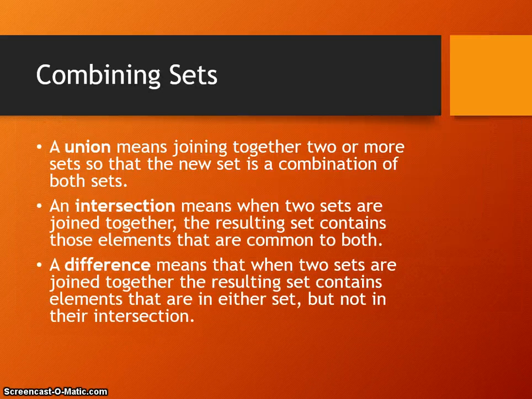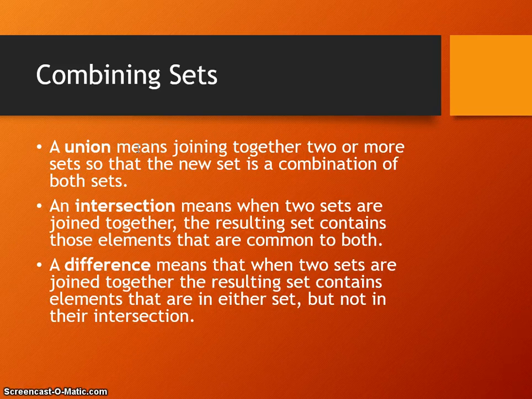Now we can combine sets using a union, an intersection and a difference. Union joins together two sets, and it creates a new set with all the values that are contained in both sets. We have an intersection when the two sets are joined together, and it contains those elements that are common to both. So with union, you can imagine if one set we had 1, 2 and 3, and in another set we had 3, 4 and 5, the union would be 1, 2, 3, 4, 5.